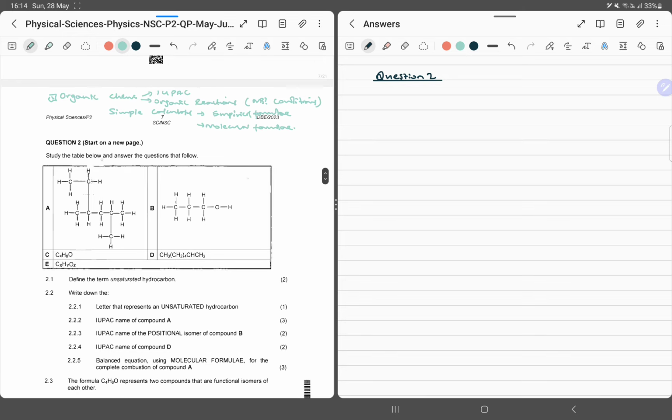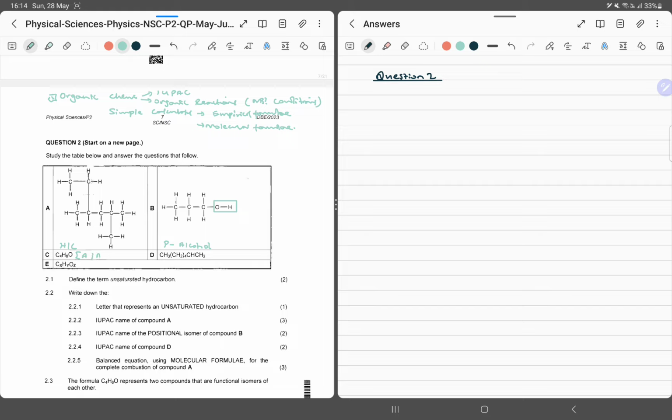We're told to study the table below and answer the questions that follow. Now we've seen here, this is a branched alkane, okay? So it's a hydrocarbon. Not a problem. This one, because of the OH and this being on the last carbon, is the primary alcohol. Okay, and then we look at this one. We have a molecular formula, but there's only one oxygen. So here we've got possibilities. This could be an aldehyde.